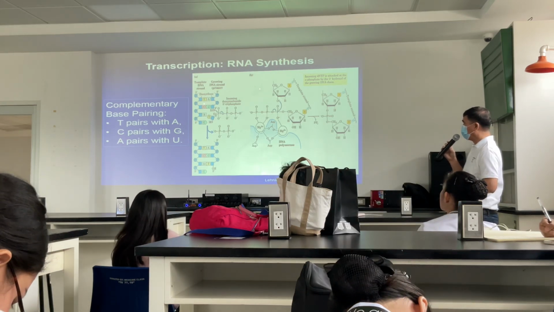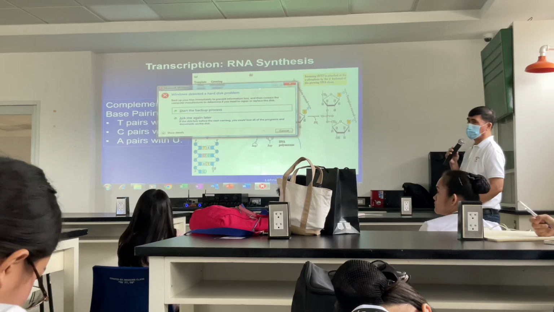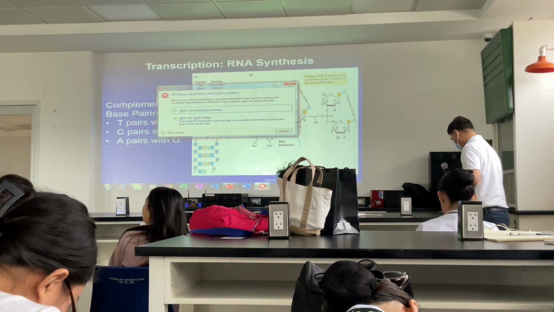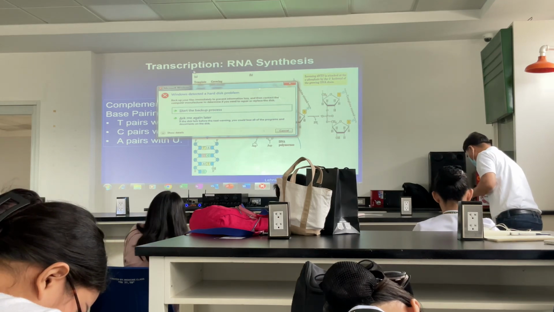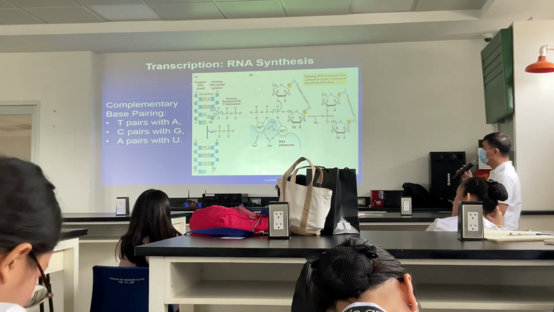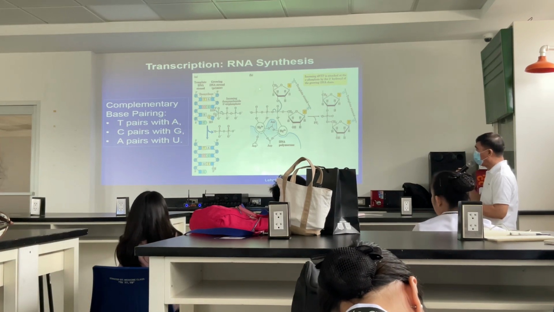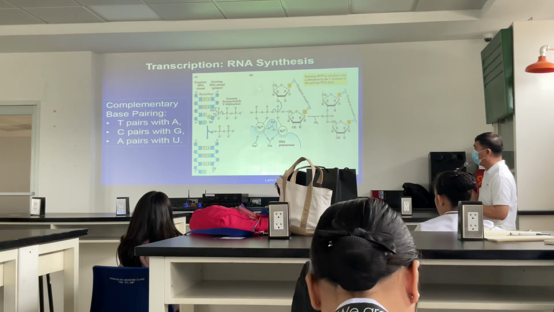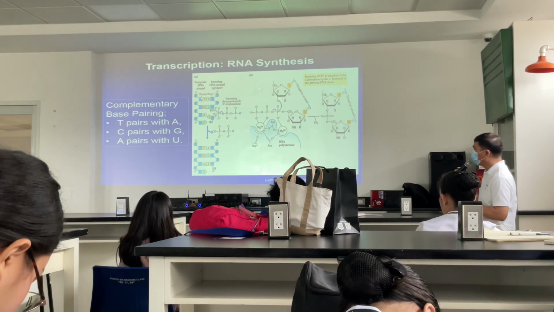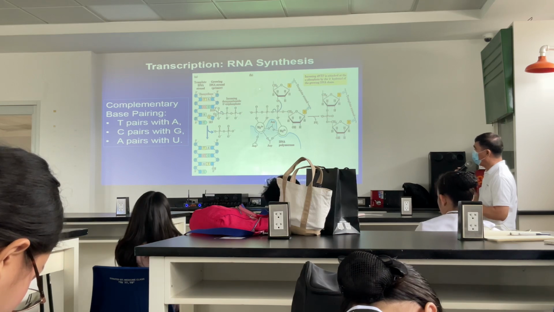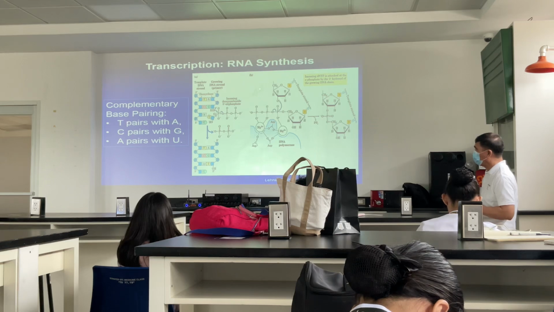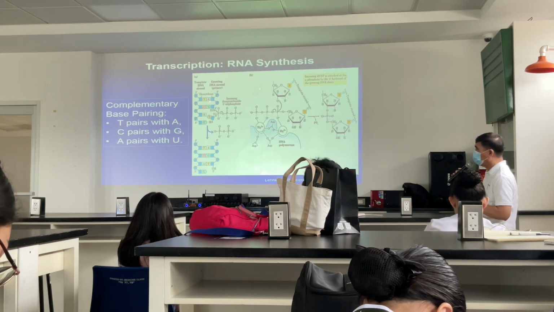So for example, this is now the template DNA strand utilized in the synthesis of an RNA molecule. If this is T, then in the growing mRNA, thymine pairs with adenine.